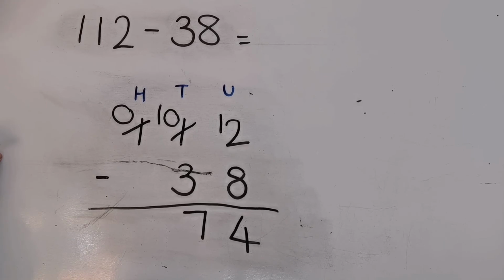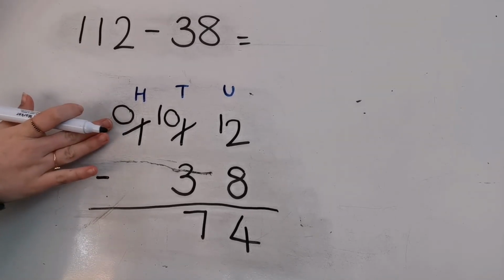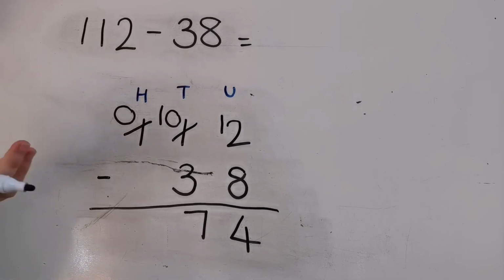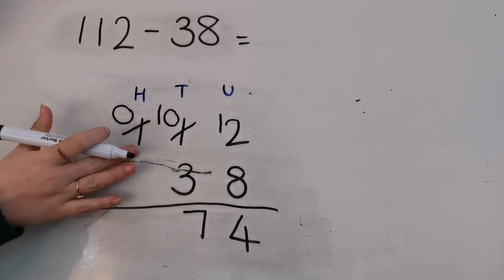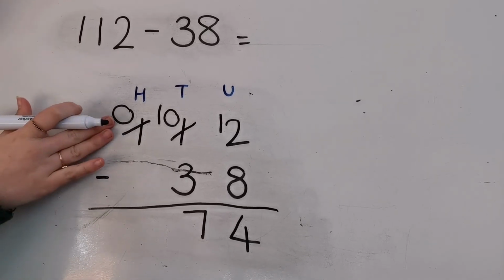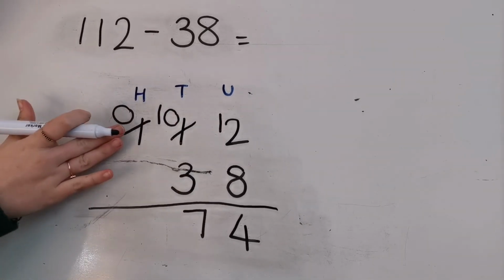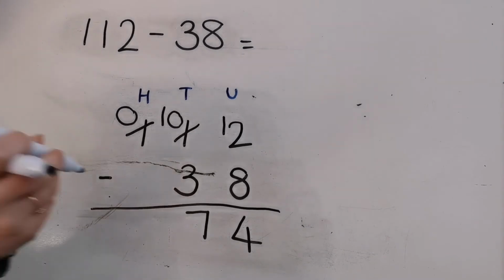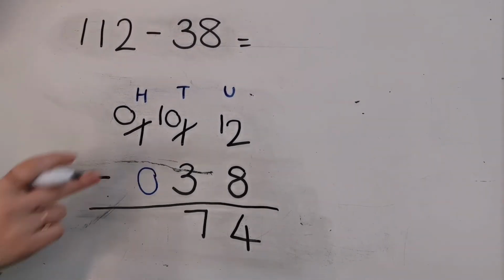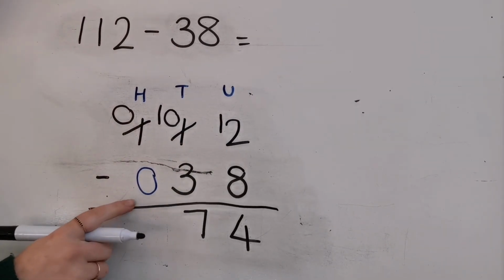7. Fabulous. Now, in the hundreds column, we actually now only have 0 hundreds. We began with 1, but because we've borrowed it into the tens, we have no hundreds left in the top number, and we didn't start with any hundreds in this bottom number, in the number 38, okay? It's a 2-digit number, there were no hundreds.